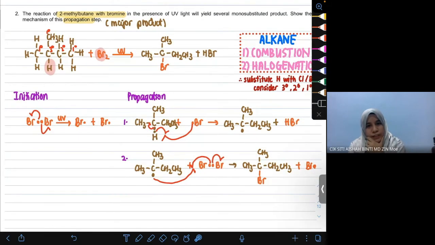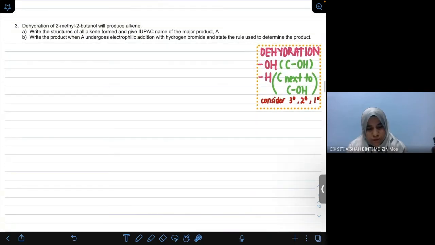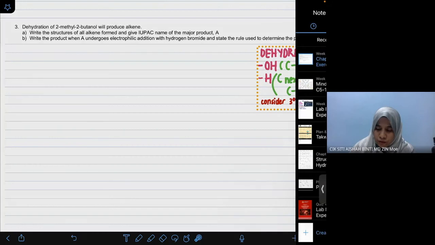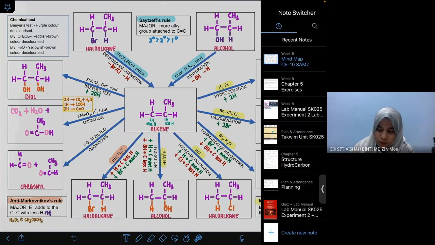Question number 2 has no extra question, only this one. Next, let's look at question number 3. Here we start with our alkene. There are a lot of alkene reactions here, most of which have been included in this mind map. In the mind map, it is mechanism only. So we can proceed to question number 3.